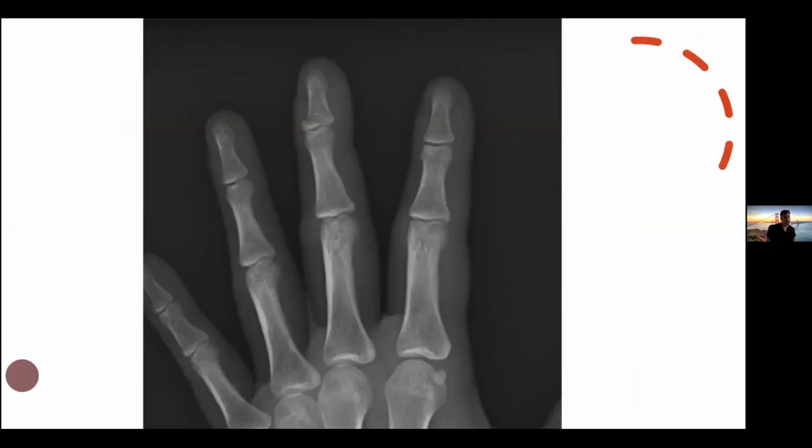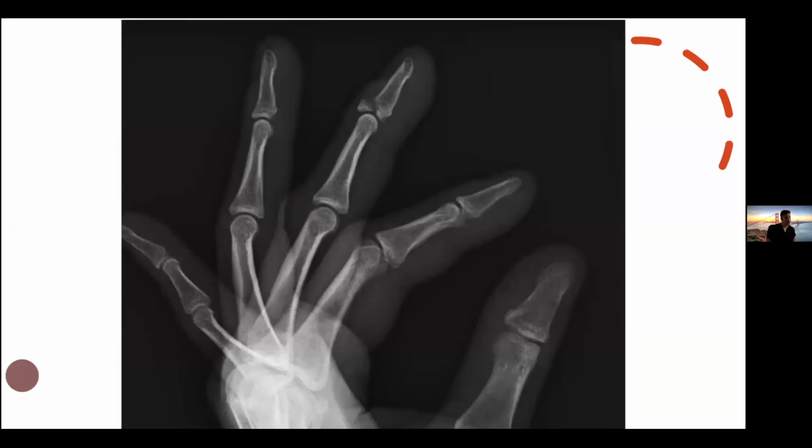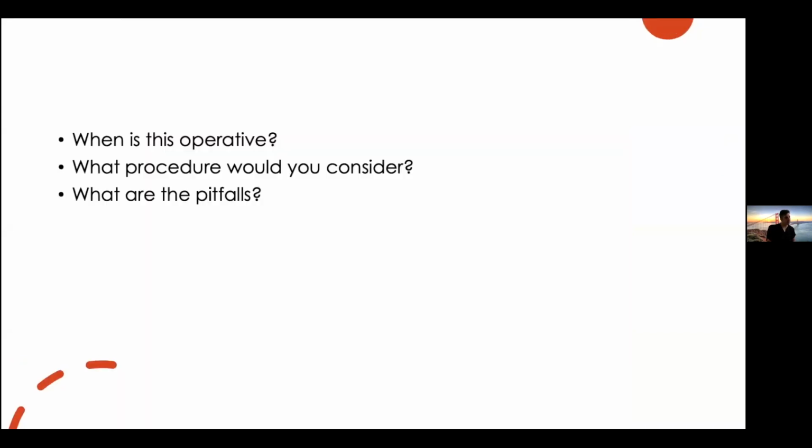So these are the x-rays that were emailed. You can see here that there is a significant bony fragment. So when is this operative and what procedure would you consider? What are the pitfalls?